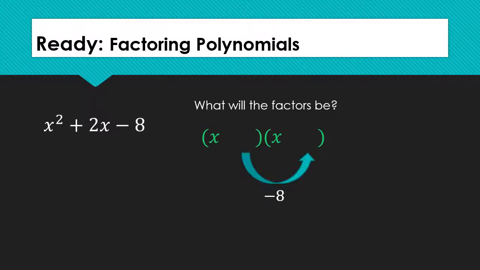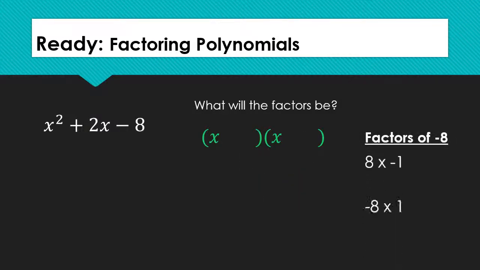We know that the last two terms in our factors have to have a product of the last term in our trinomial, which is -8. We start by listing the factors of -8.